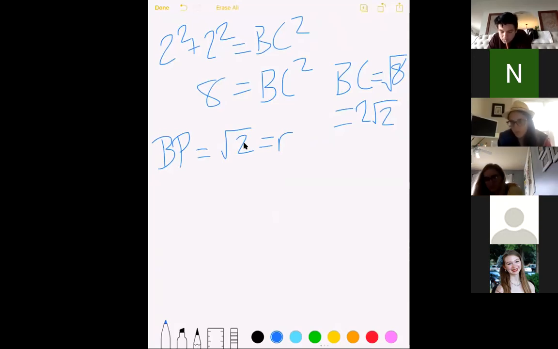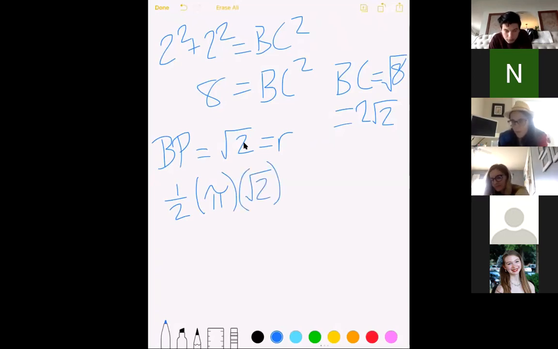So we can find the area of that arc. And so we do 1/2. In this case, since it's 180 degrees, our theta would be pi. And then our r is square root of 2 squared.